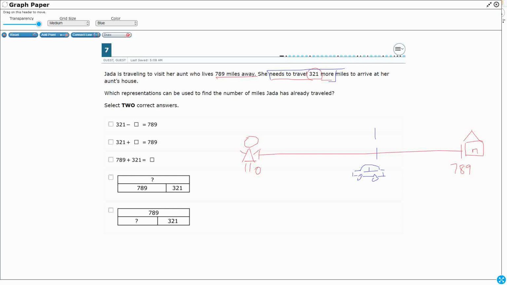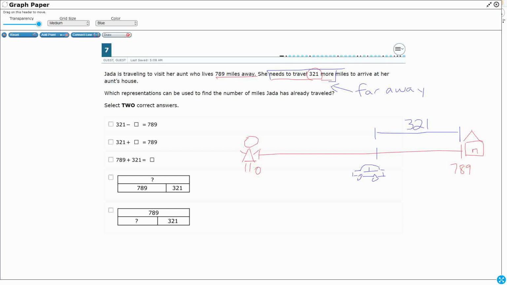So we can say this distance is 321 miles. That's how much more she needs to go. Really, what this is saying in a different way is this is how far away she is. When you're in your car and you keep asking, are we there yet? How much farther? She asked, and her parents said 321 more miles.